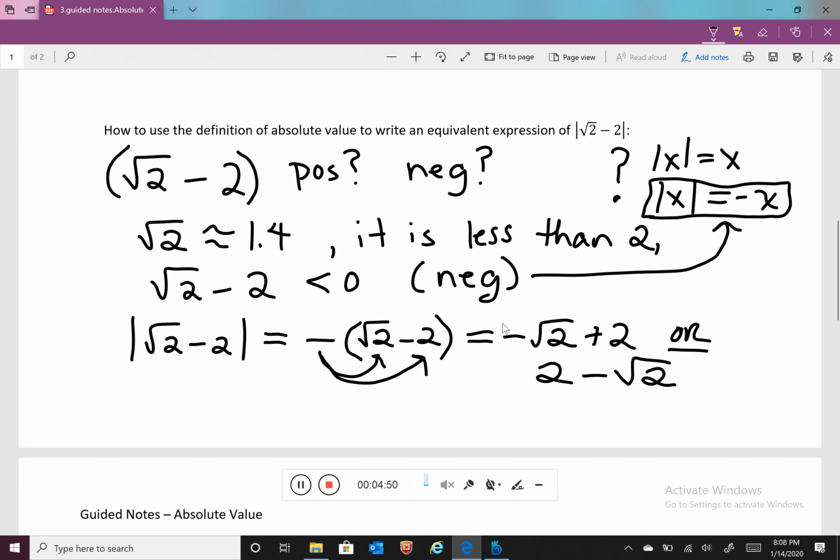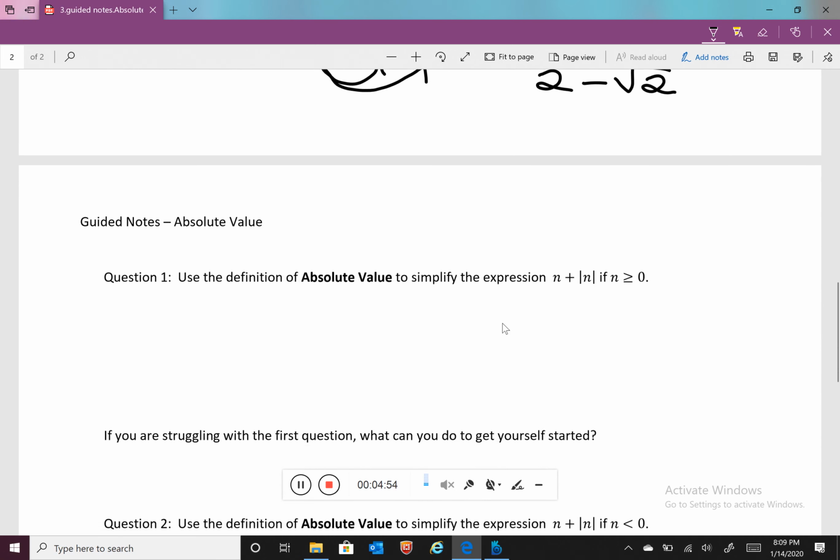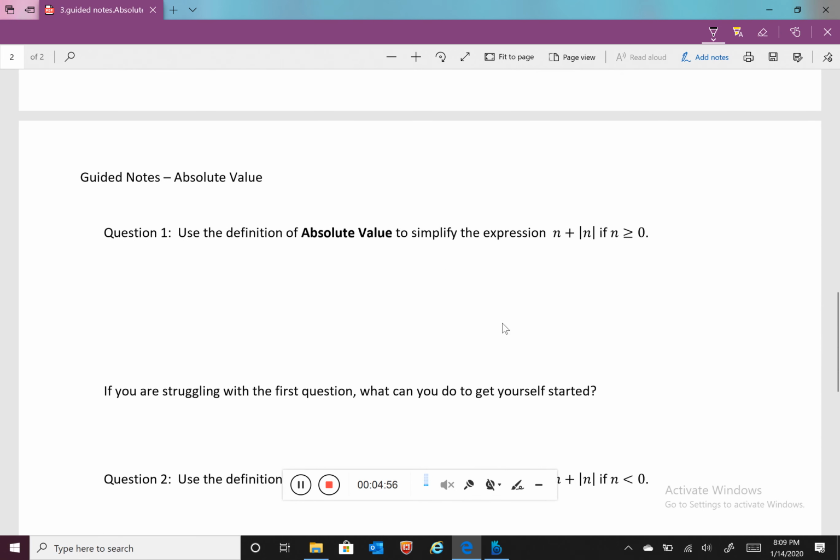So you're going to extend this for homework. You're going to use the definition of absolute value to simplify the expression n plus the absolute value of n if you are told that n is greater than or equal to 0.